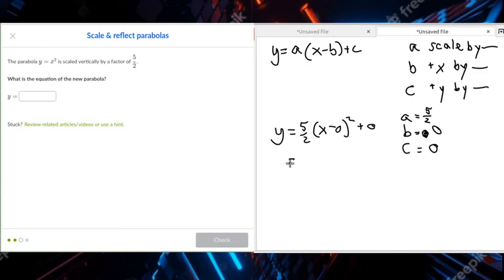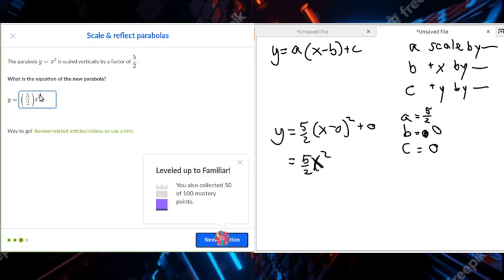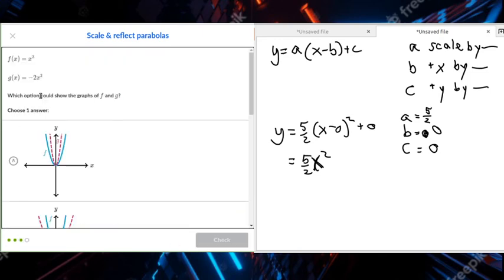Then when we get rid of these zeros and simplify, we get y is equal to 5 halves x squared. All right, I hope that, oh, we have one more. I thought I was done. Hello, Dan.